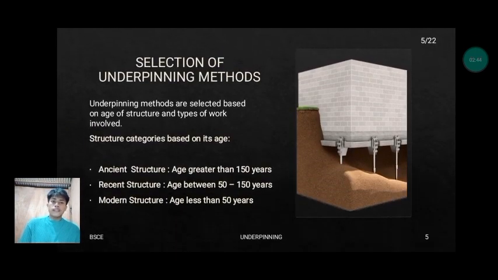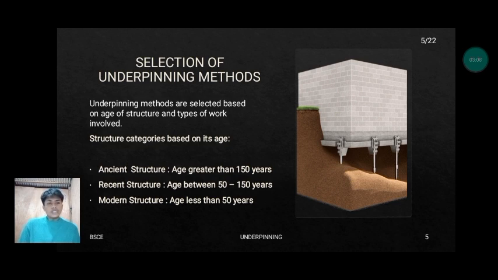Selection of underpinning method. Structures are categorized based on their age in years. Underpinning methods are selected based on the age of structures and the types of work involved. For ancient structures, the age is greater than 150 years.